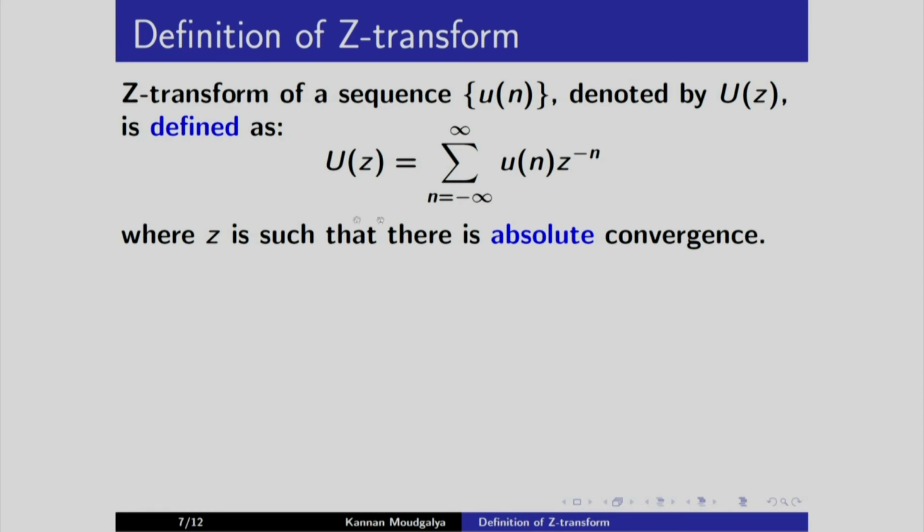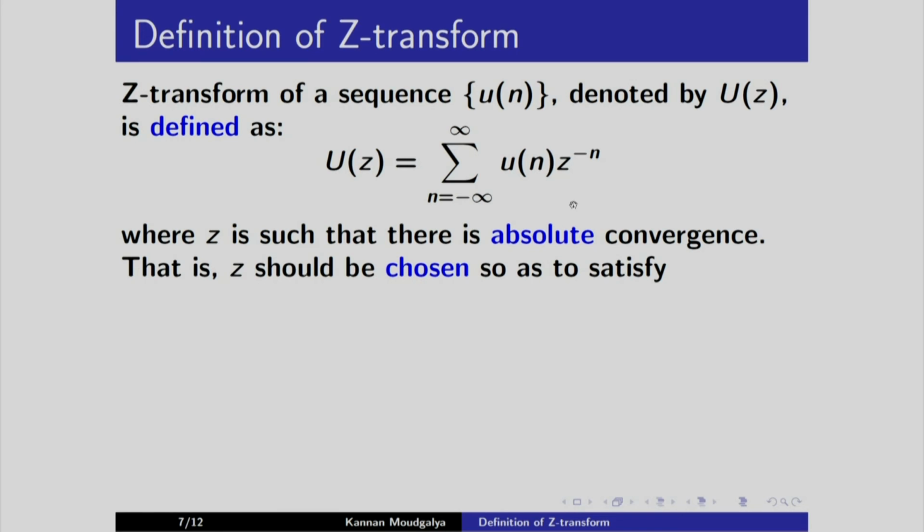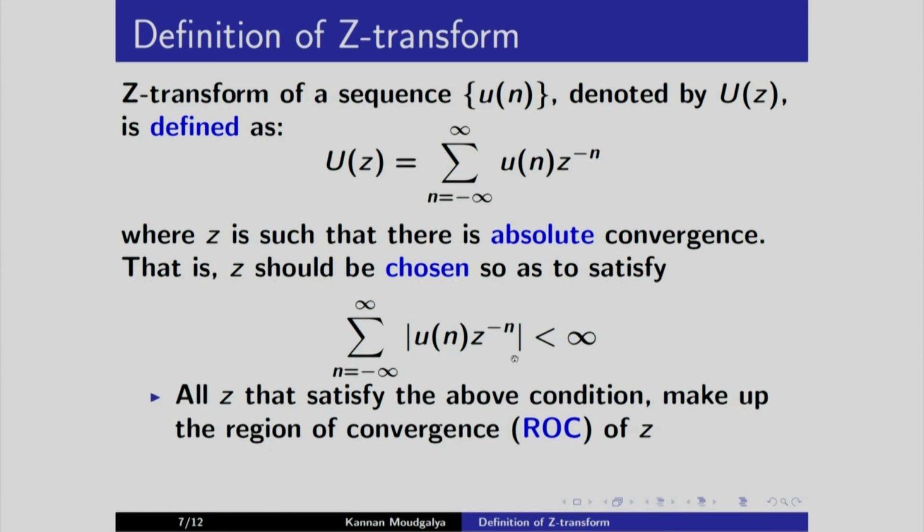So, we will choose z such that there is absolute convergence. What is absolute convergence? It means not that this sum is bounded, but that this sum, which has every element represented in absolute form, is bounded. All z that satisfy this condition are said to belong to the region of convergence.